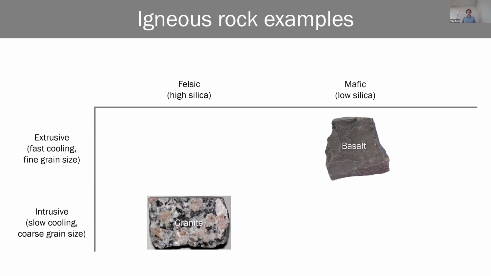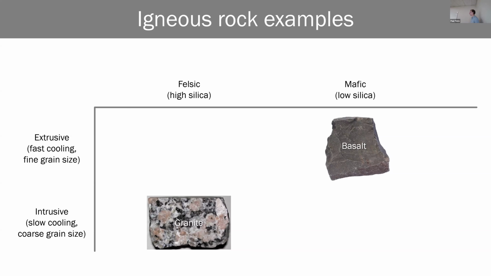So if we fill in these other two, then let's think about a mafic rock with low silica content. Felsic versus mafic determines the color of the rock. So if it's mafic, the same way basalt is, you'd expect it to be kind of dark gray, brownish, black color primarily.